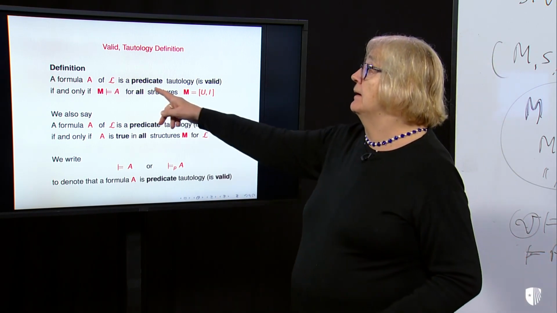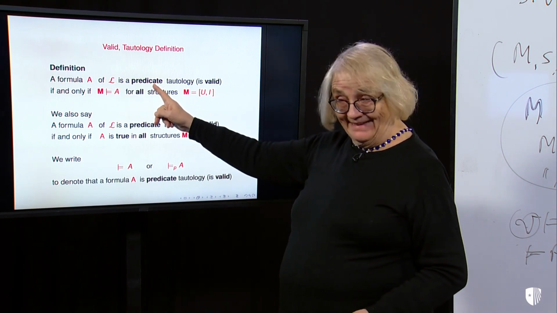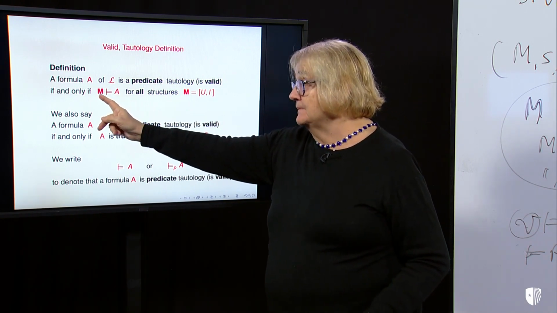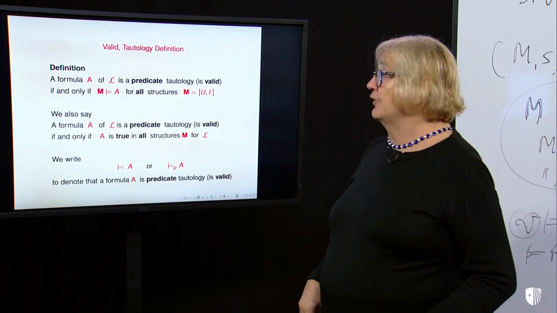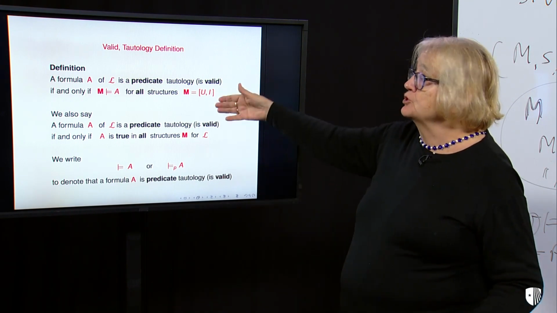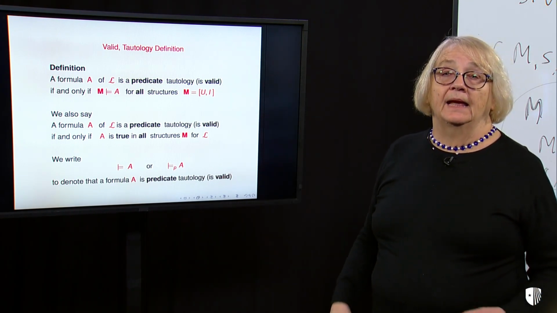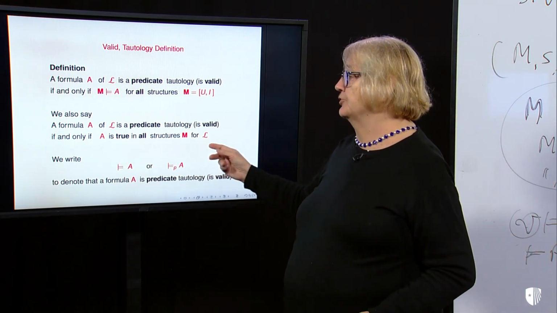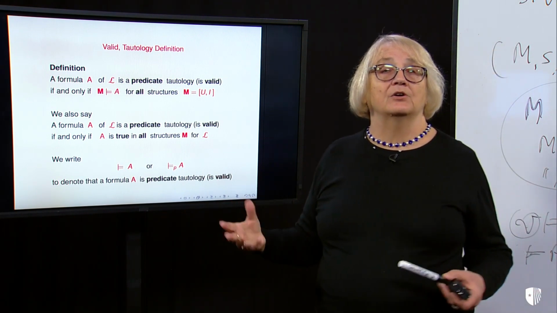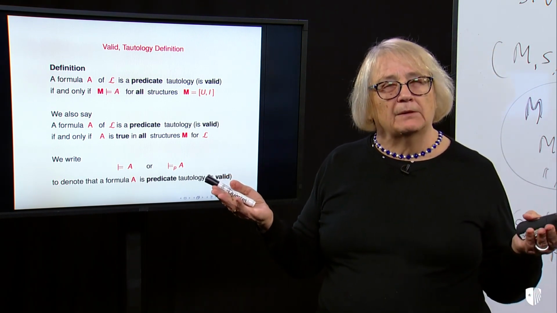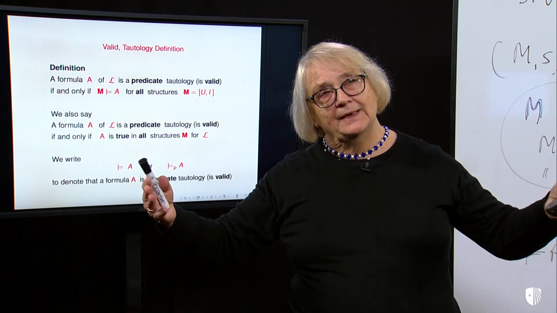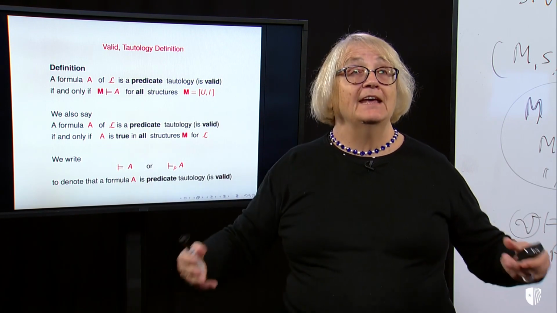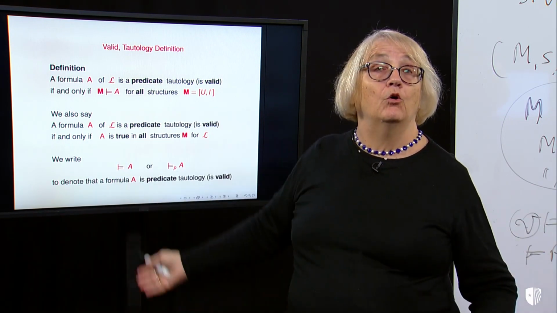So we say that A is a predicate tautology, meaning valid, if and only if all possible structures M are models for A. So A is true in all possible structures. What does it mean that something is a predicate tautology? A statement that is true in all possible structures, in all possible interpretations, is always true.